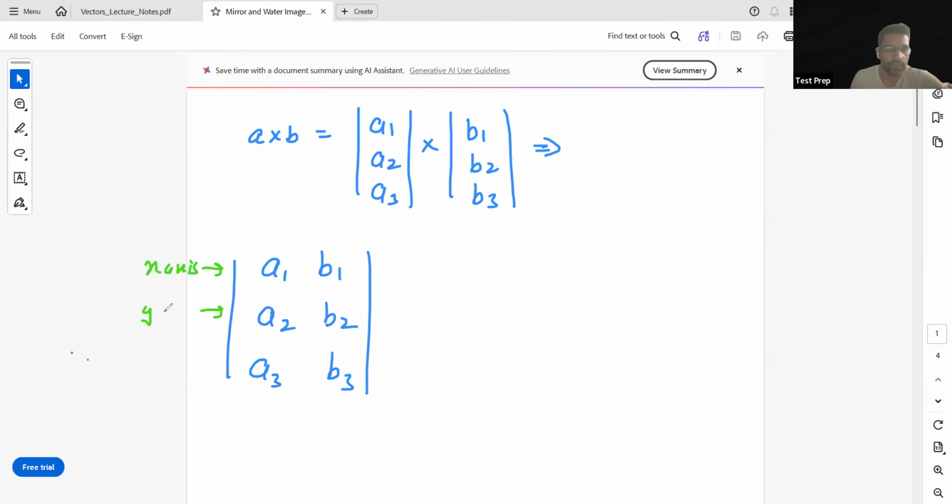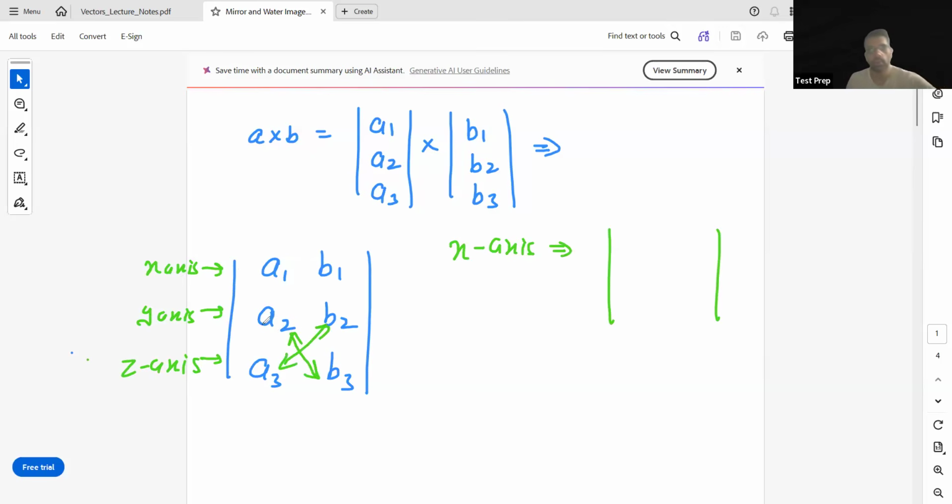Now this one is y, and this is z-axis. Now we have to first find the value of x-axis, which is equal to the difference of the products of A2 B3 and A3 B2.